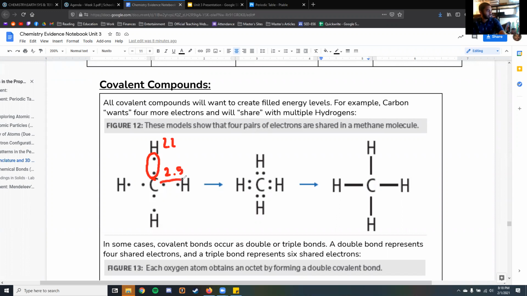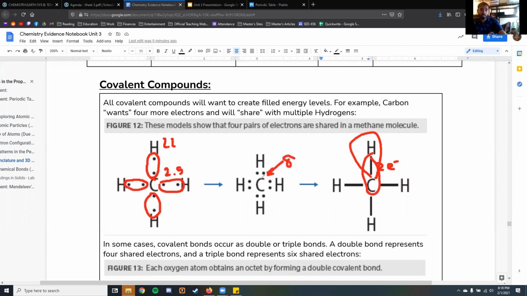And so carbon will share 4 electrons with 4 different hydrogens. And this forms a very strong molecule called methane. And so these sticks here represent 2 electrons each. 2 go into hydrogen, and 2 also going to the carbon here. And so carbon is nice because it's got 8 electrons here.